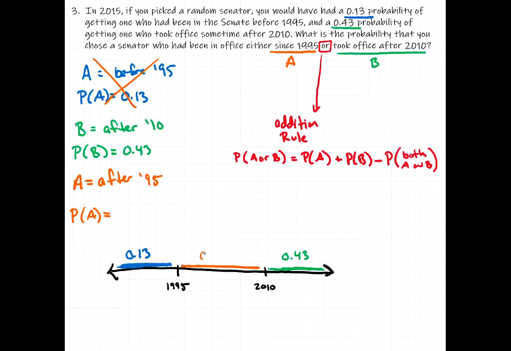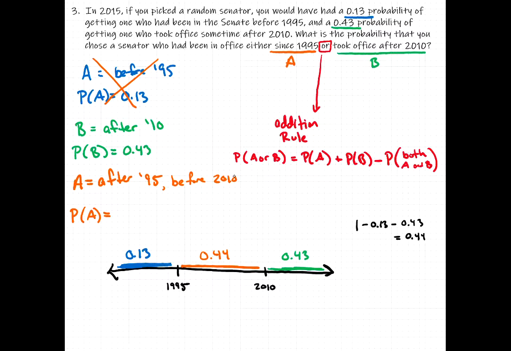or 0.44. So if we take 1 minus 0.13 minus 0.43, that'll give us 0.44. So let's be more specific up here in our event: after 1995, but before 2010.